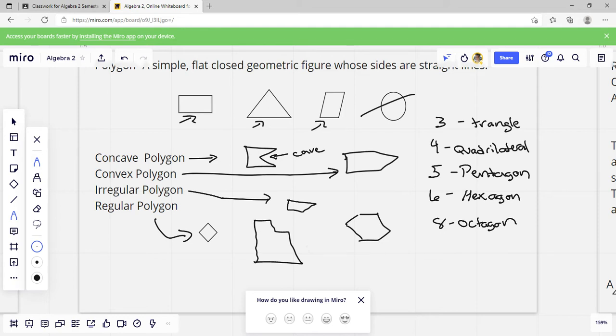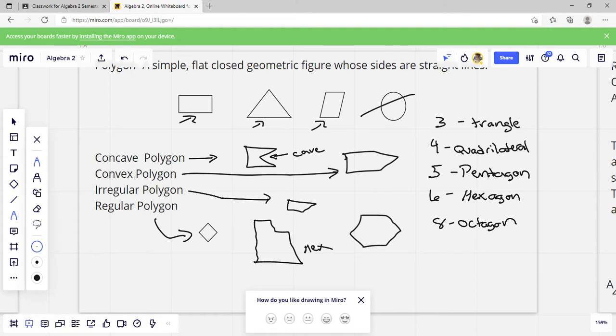That's also a hexagon because it has 6 sides. My stop sign looks terrible. Let me try that again. Something like that.